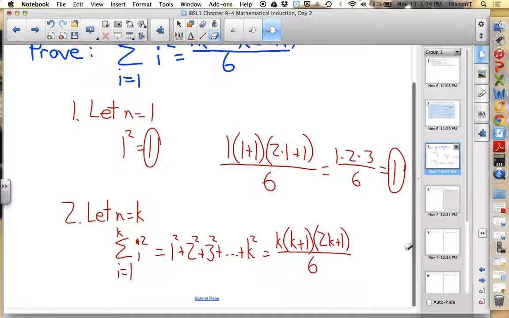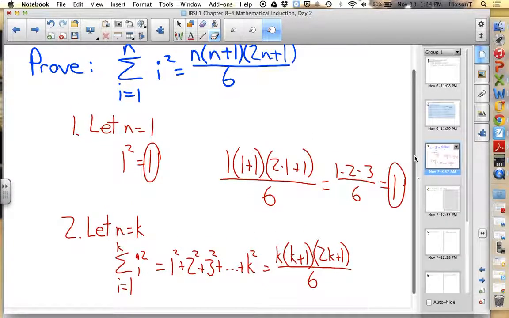Don't foil the right side, no. So do we need to square k for the? You mean in here, put k squared?